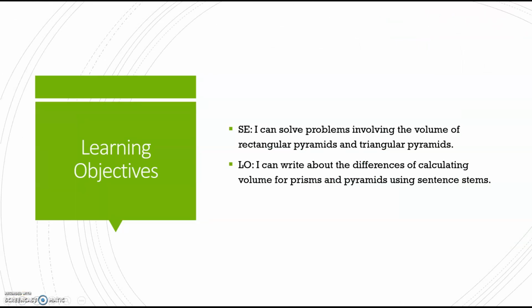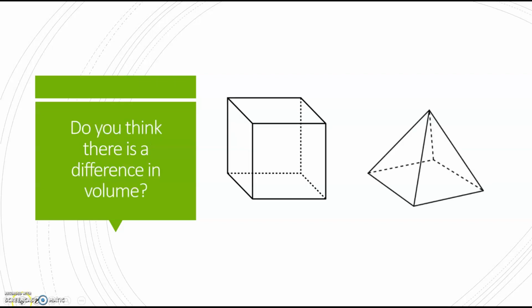Okay, so today we're going to be able to solve problems involving the volume of rectangular pyramids and triangular pyramids. And you're going to be able to write about the differences in calculating volumes of prisms and pyramids. Okay, so do you think that there's a difference in the volume of these two shapes?